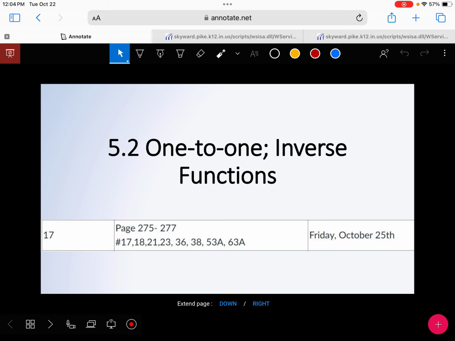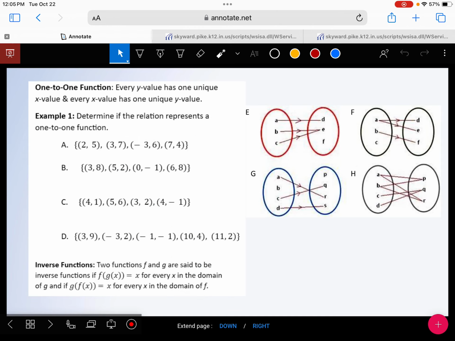And then the cutout in the front, go ahead and glue that down. On that cutout, at the top, there is the definition of one-to-one functions.